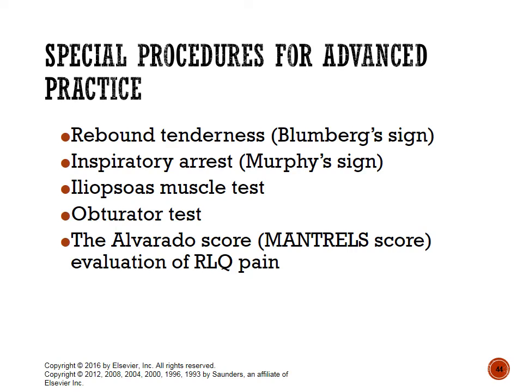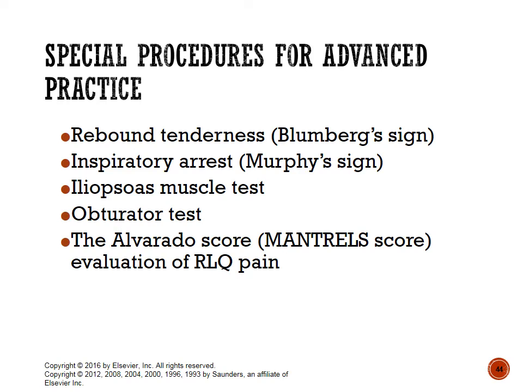You push down in, and then when you lift up, that's when they have pain. So that's called rebound tenderness, and we do that at what's called McBurney's point in that right lower quadrant to test for appendicitis.